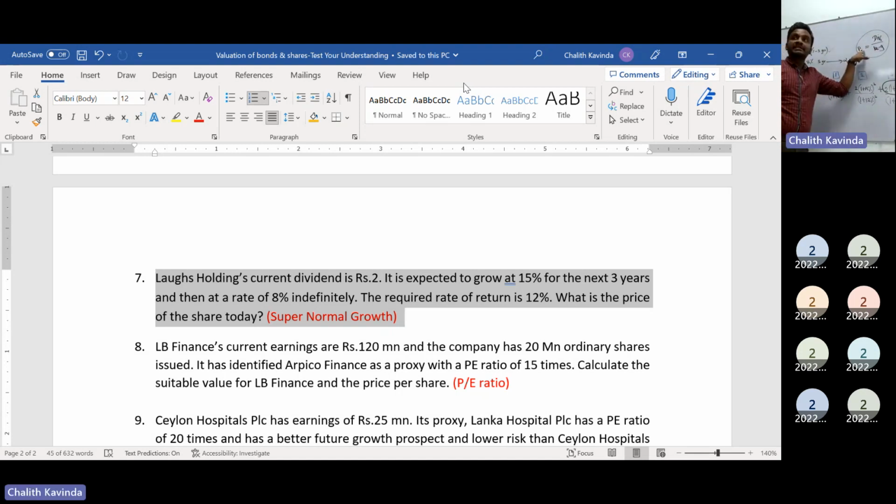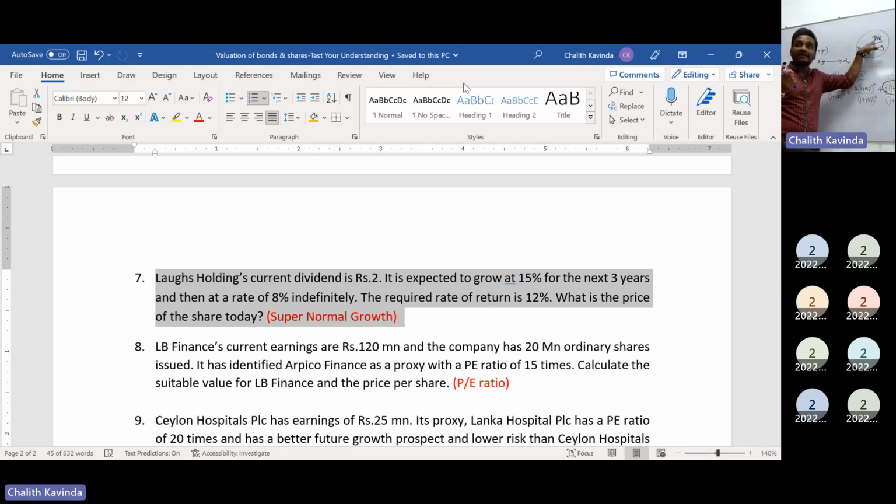When the price is 0, this is your next year dividend. When the dividend is 4, your price must be, when you have the year 1 dividend here, this is the normal formula, right? When you have the year 1 dividend, you get the price for 0.